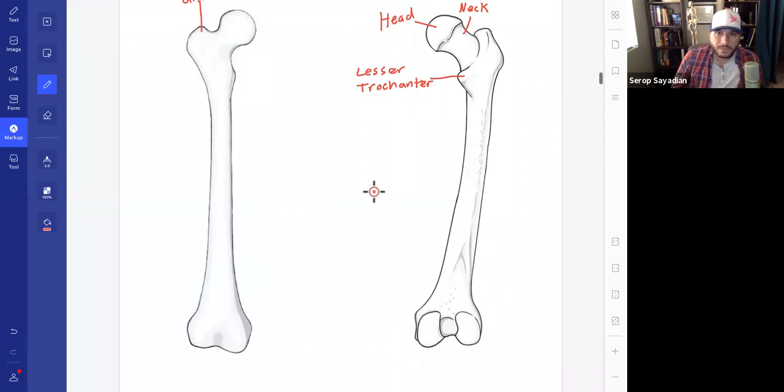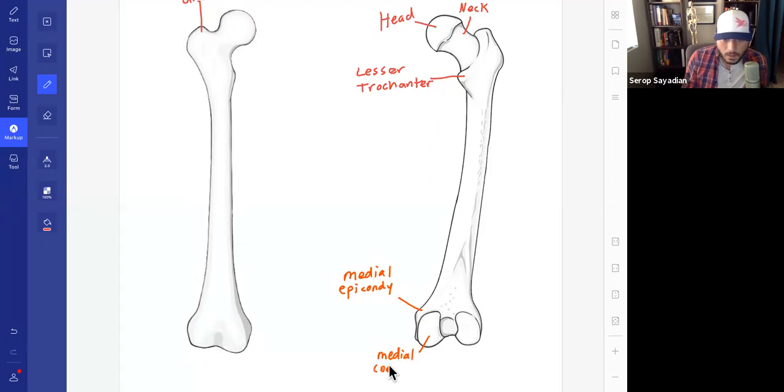So be able to tell which one's the medial and lateral side. Again, if you need help with determining that, look at the head. The head is always going to be medial. So this is going to be the medial side over here. So we'll have the medial. What is this? The medial what? Epicondyle. Very good. Epicondyle. And this would be the what? Medial condyle. Medial condyle.